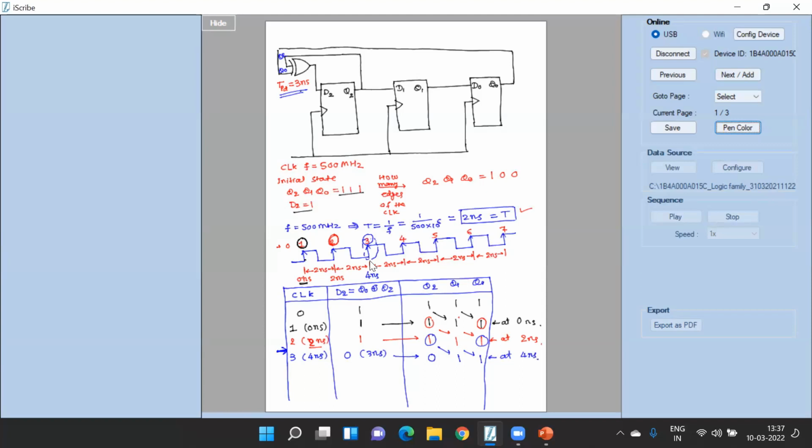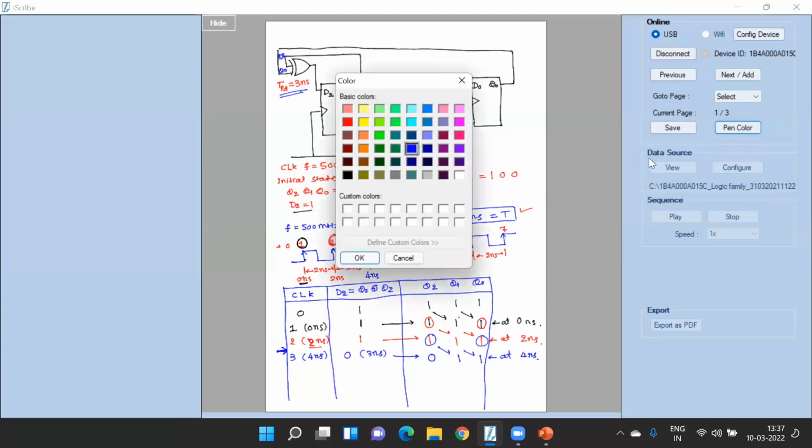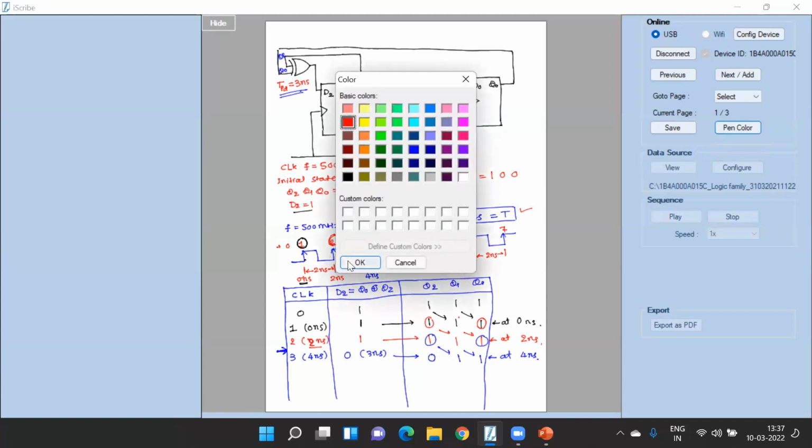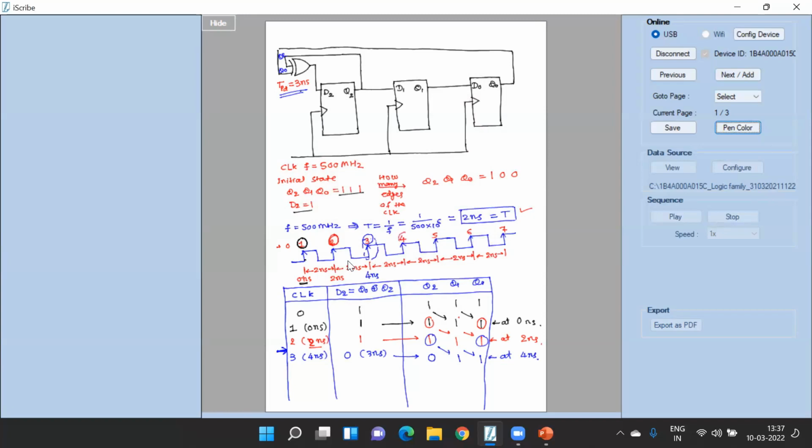Now let's see the next clock, edge 4, which is coming at 6 nanoseconds, correct? Just the addition of 2 plus 2 plus 2, 6 nanoseconds. So the next state is what we want to see at edge 4, which comes after 6 nanoseconds, right?